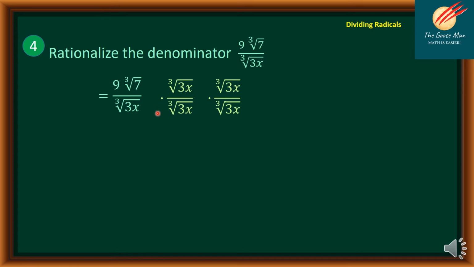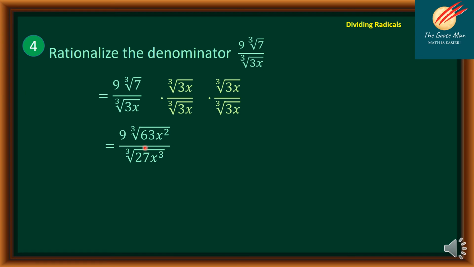If we multiply and simplify both the numerator and denominator, we have 9 times the cube root of 7 times 3x times 3x. So we have 63x squared. While in the denominator, we have 3 times 3 times 3, which is equal to 27x cubed. Then simplify it further.